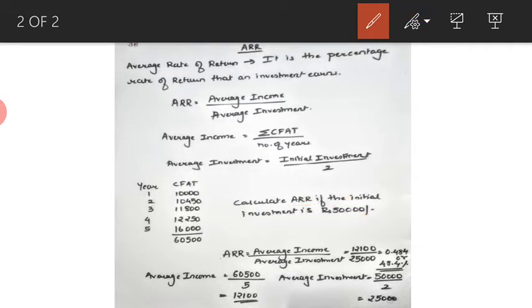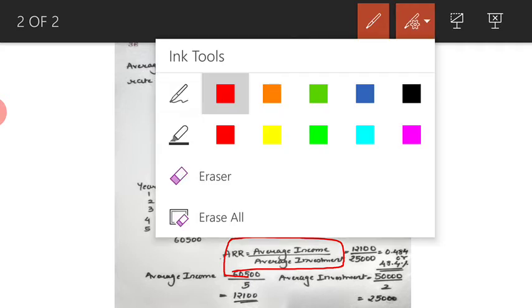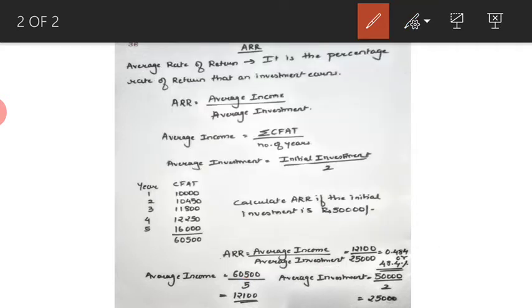Now, how do we calculate ARR? The formula is average income divided by average investment. So first we need to find out average income. The formula for average income is summation of CFAT divided by number of years. So first we find the summation: 10,000 plus 10,450 plus 11,800 plus 12,250 plus 16,000 gives us the summation of cash flows after tax, which is 60,500.